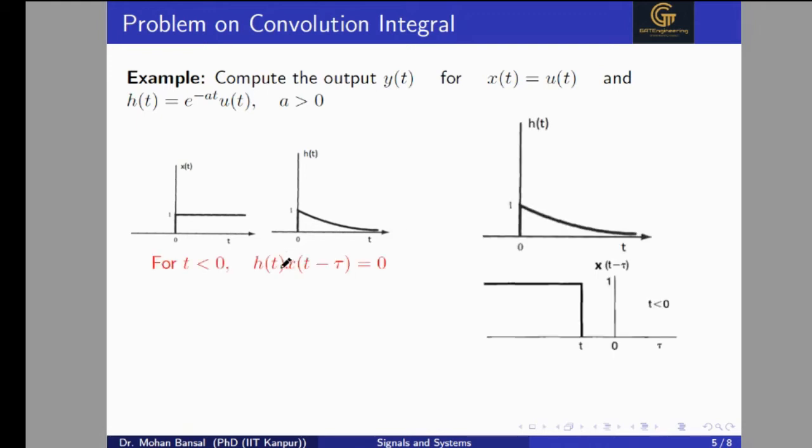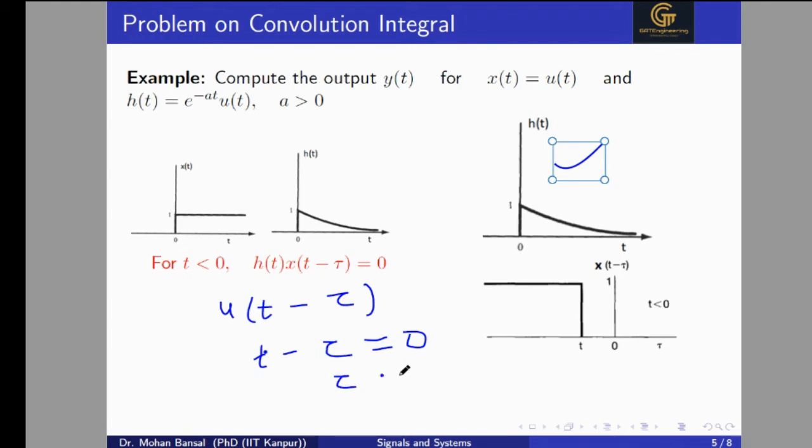Now for t less than 0, we plot h(tau) and x(t minus tau). We can represent x(t minus tau) as u of t minus tau, because our x(t) is u(t). This is defined for t minus tau greater than or equal to 0, so we get tau less than or equal to t.